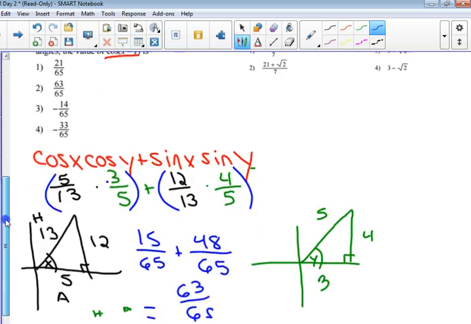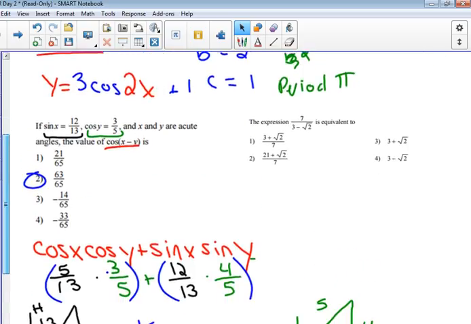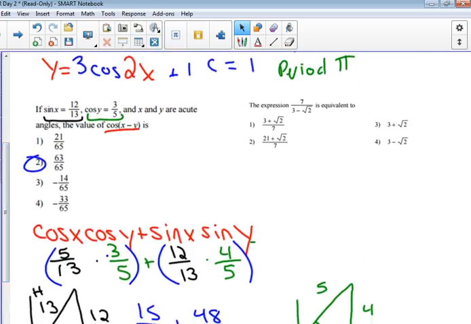Yeah. Great, okay. Usually when it's 5, 12, 13s or 3, 4, 5s, they like to do those as multiple choice because it's a little faster to get the other side. So I think this comes up a lot, where we're drawing a triangle to figure out the other side.